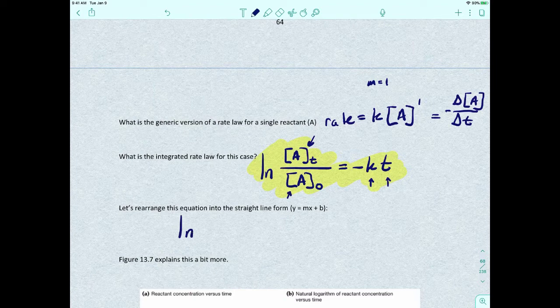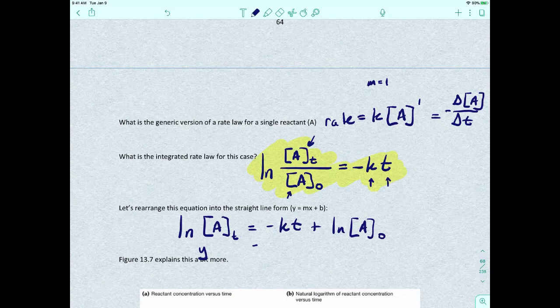The natural log of the concentration of A at a certain point in time t is equal to negative kt plus the natural log of the initial concentration of A, where y is the natural log of the concentration of A at a certain point in time t. m would be negative k.